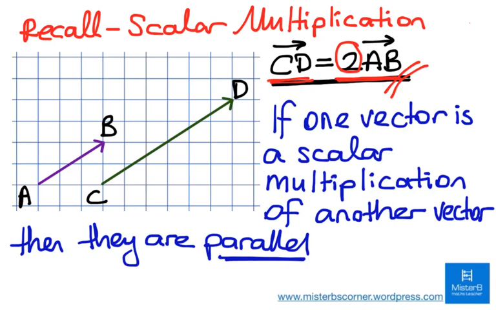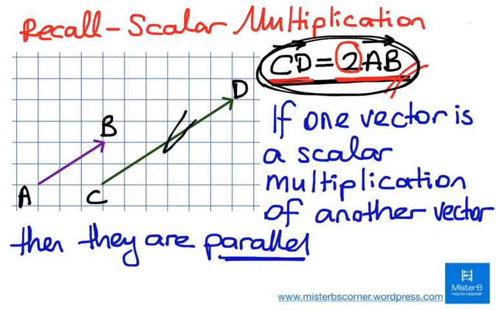So if you want to prove that two vectors are parallel, you must show them in a scalar multiplication relation, like this equation. Or the question could ask whether the points P, Q, R are on a straight line or not.